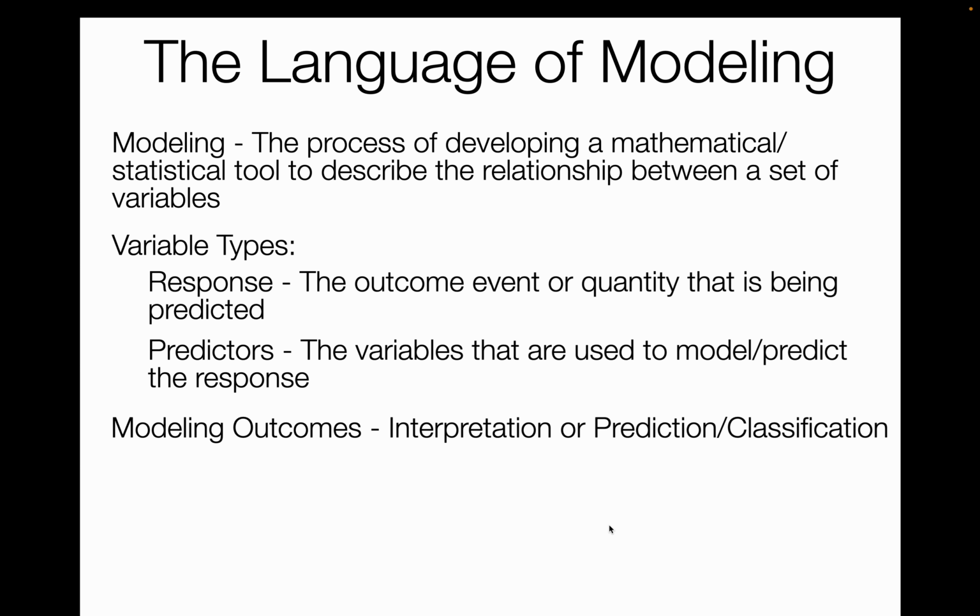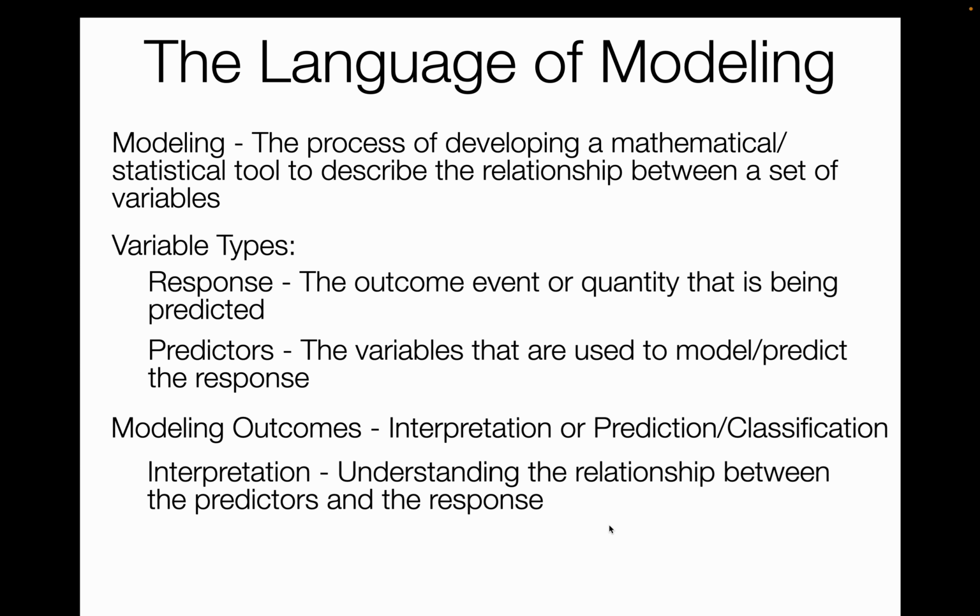Now, what do you want out of a model? There are a couple of different things: interpretation or prediction/classification. Interpretation is understanding the relationship between the predictors and the response. Going back to my example, hours studied and grade in the course.